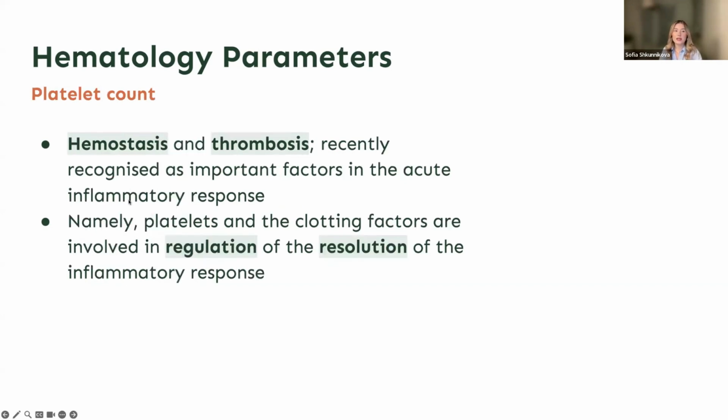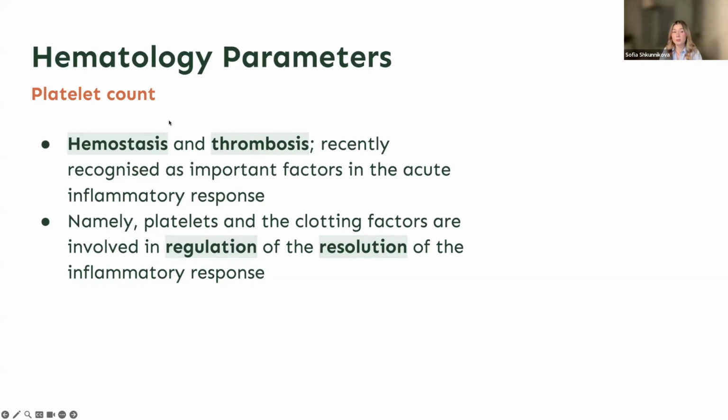And the last one is the platelet count. Platelets are obviously included in the acute inflammatory response in the later stages, when we have cleaned up the wound and when we want to stop the bleeding and we want to start the repair process. So platelet count is usually used to assess hemostasis and thrombosis, and just recently it's also recognized as an important factor in the acute inflammatory response.